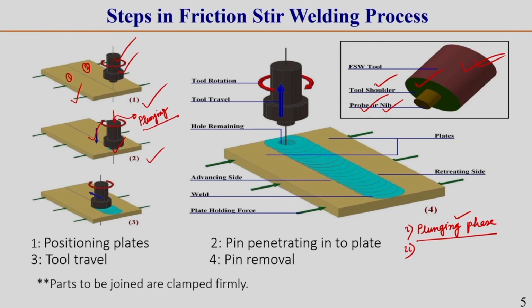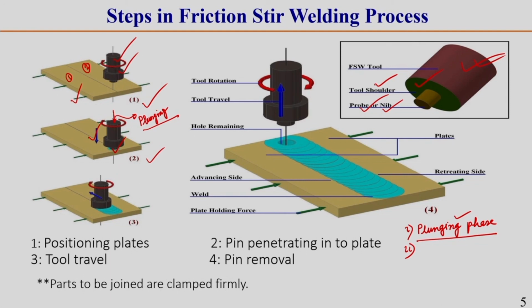At that time the temperature rises to its working temperature. So, we have to keep the FSW tool in the same plunge location for some time to further heat that region to a temperature called the working temperature. This you should keep in mind.